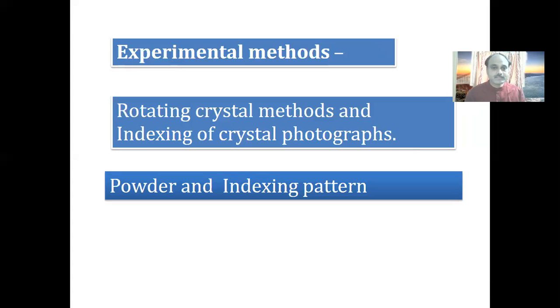And how we conduct the experiment with the powder diffraction method, and after getting the powder diffraction pattern, how to assign each spot to its respective plane, that is called indexing the pattern, and finally deducing the structure. Okay.